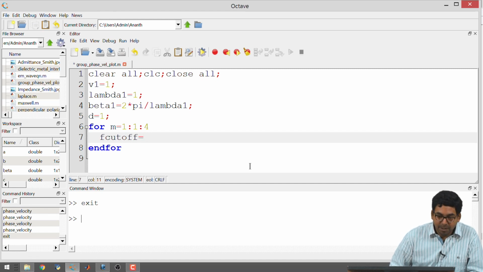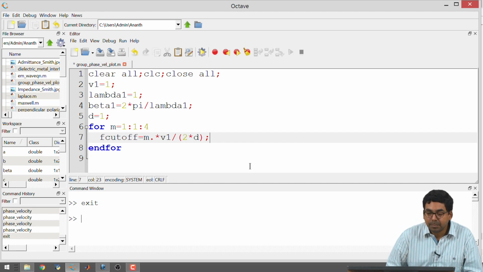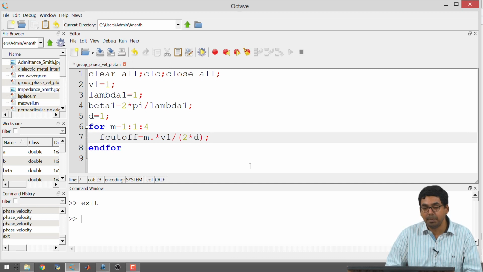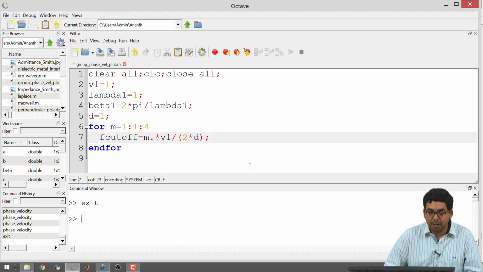F cutoff is m V1 divided by 2d, that is the formula we have, and for each value of m I will be having m multiplied with V1, all right, divided by 2d. I could also do without the dot over there. They are all just simple numbers. You can just make m multiplied by V1 divided by 2d, right.